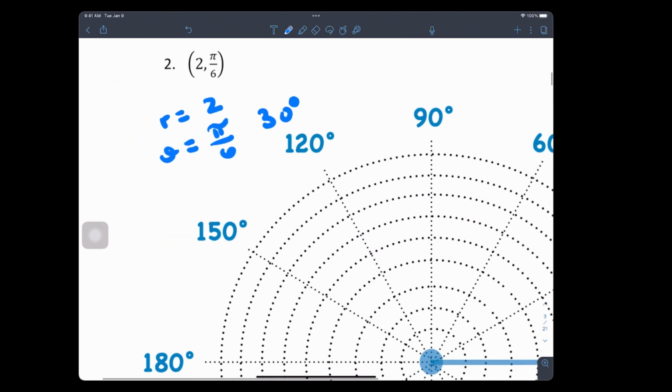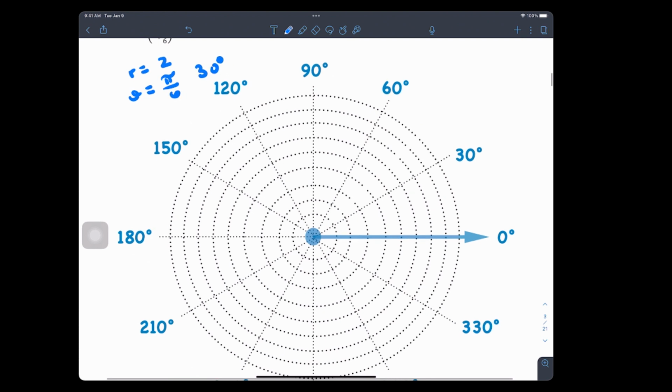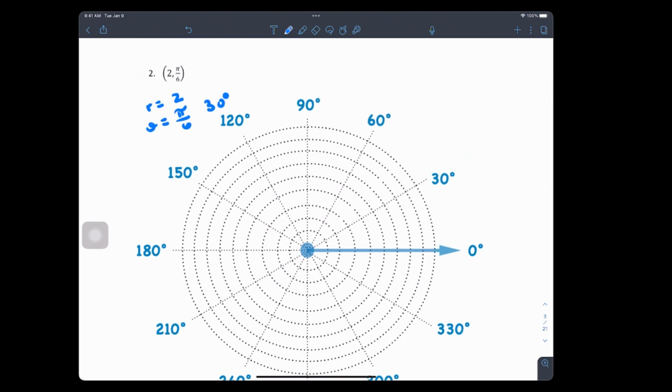So let's plot this location now. Okay. So if I take the pole again and I rotate this, what? 60 degrees. I guess I'm going to have to move this here. I'm sorry, 30 degrees. Good.